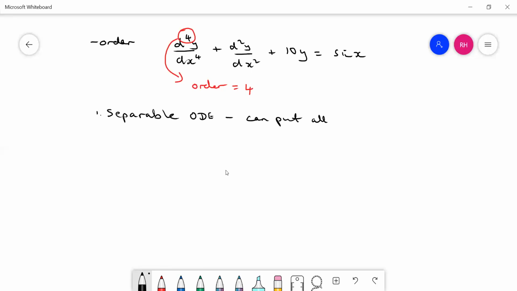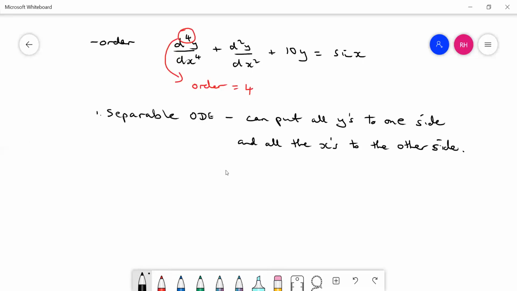Y will be the function that depends on the independent variable. The key word here is equation, so you put all the y's on one side and all the x's to the other side.